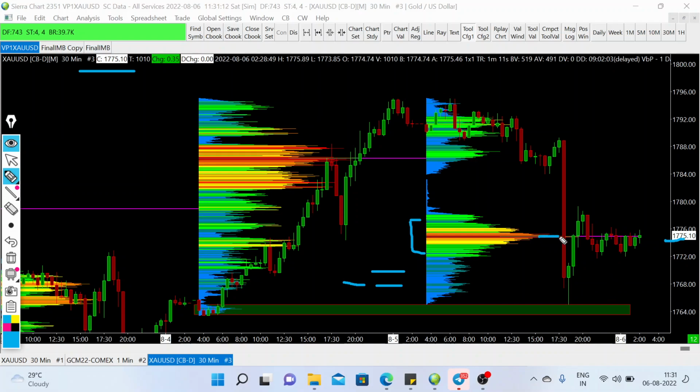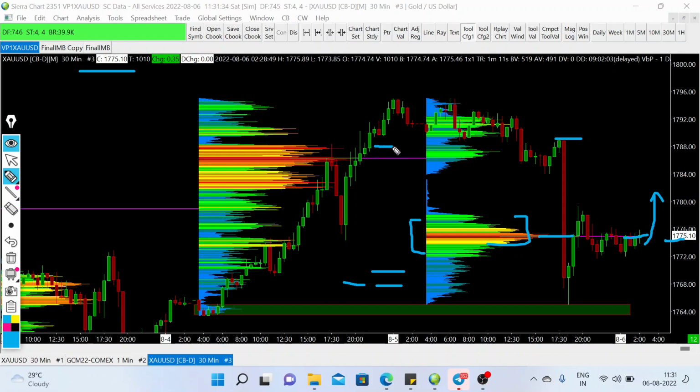So you can see that gold is facing resistance at this level. If price holds on 1765, then we can have considerable upside movement, and we can expect a test toward this price range from where gold saw a big decline.